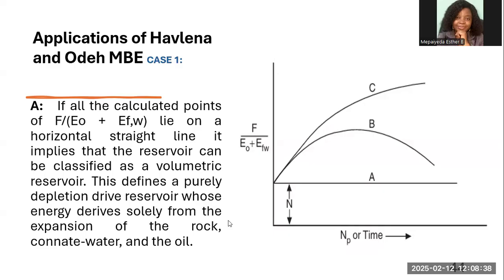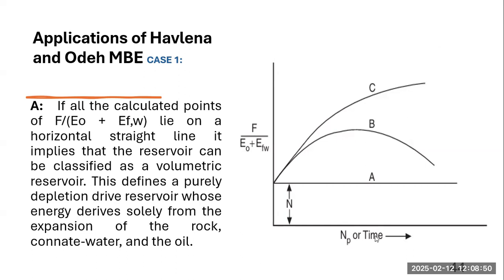Okay, so I'll move this so that you can see the plot. We have F divided by Eo plus Efw plotted against Np or time. So you'll be given Np, or it can be plotted against time. So this is your N. If you have this straight line plot A, it implies that a reservoir can be classified as a volumetric reservoir.